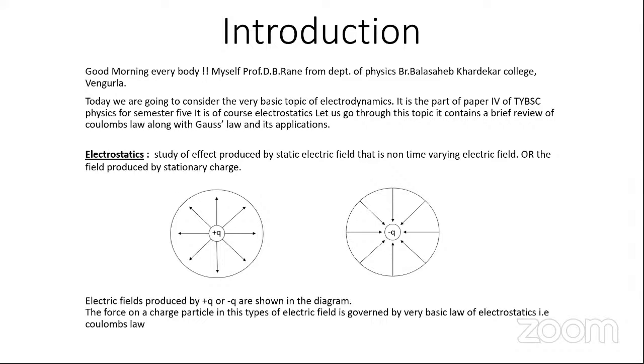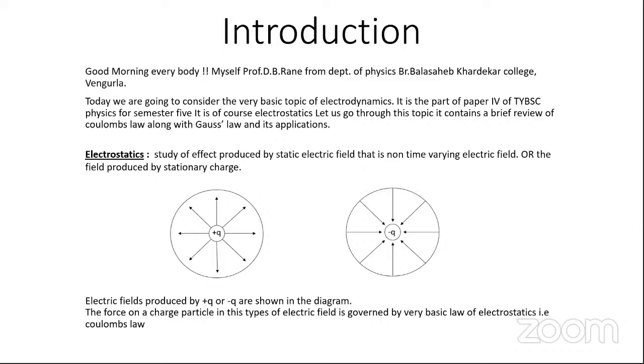So I have written here in my PPT what electrostatics is. It is the study of the effect produced by a static electric field, that means a non-time varying electric field, or the electric field produced by static charge. Electrodynamics is a very vast topic. It starts with the static electric field produced by static charge.